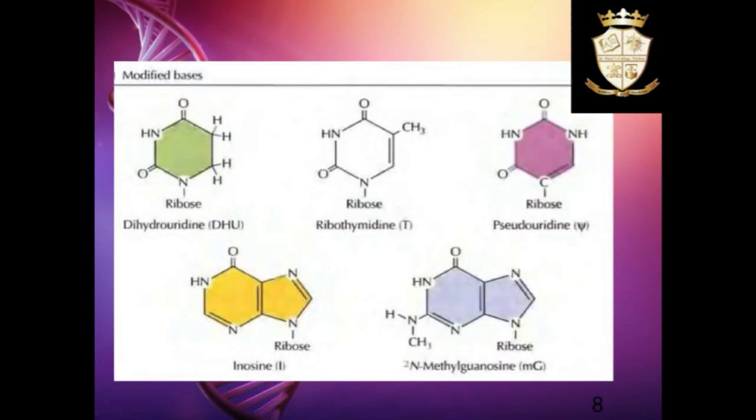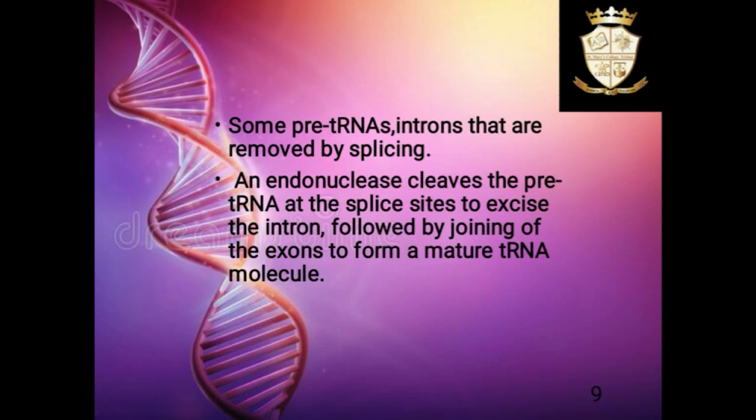These are dihydrouridine, ribothymidine, pseudouridine, inosine, methylguanosine. And some pre-tRNA introns are removed by splicing.